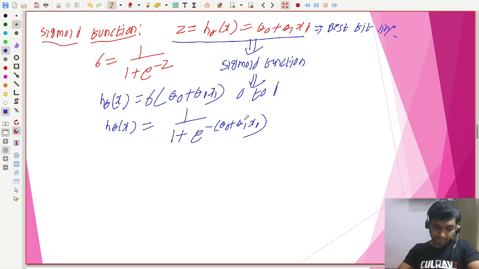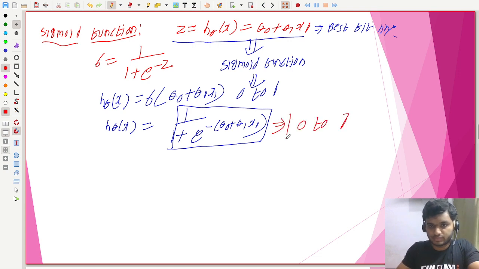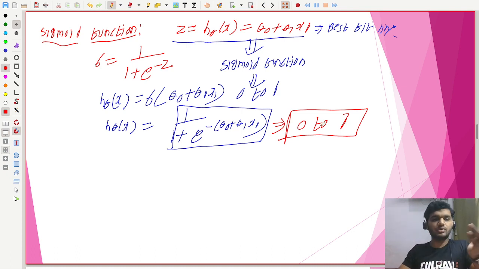If you apply this sigmoid function, then the output will be 0 to 1, not a minimum of 0, not a maximum of 1.